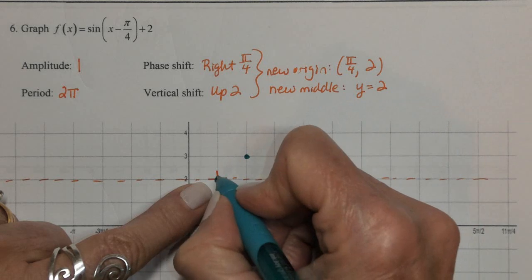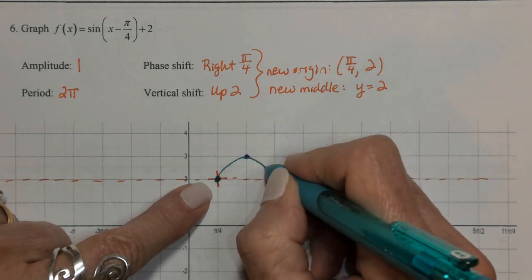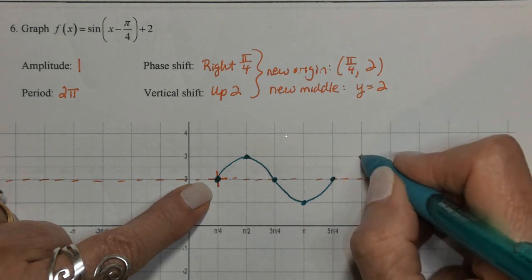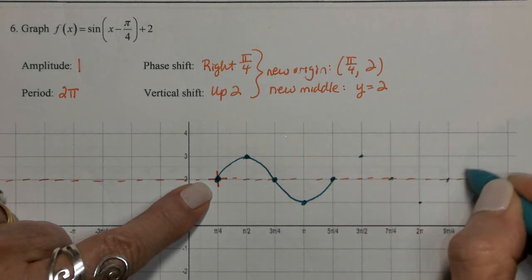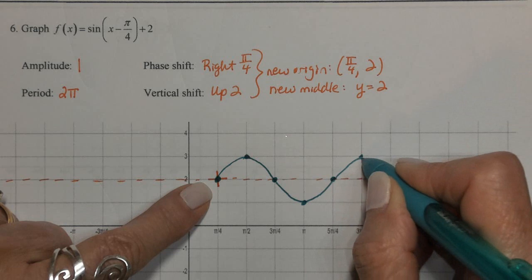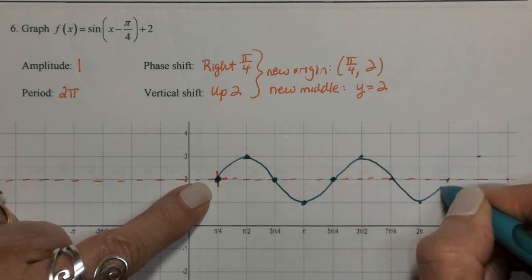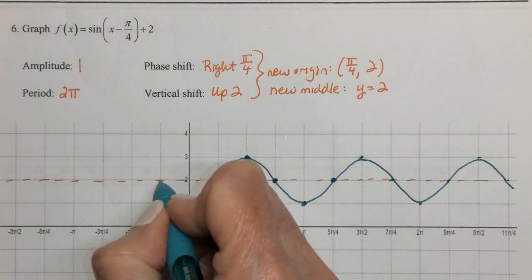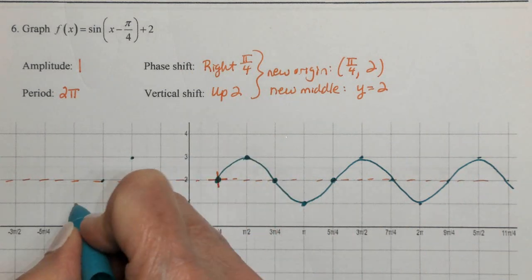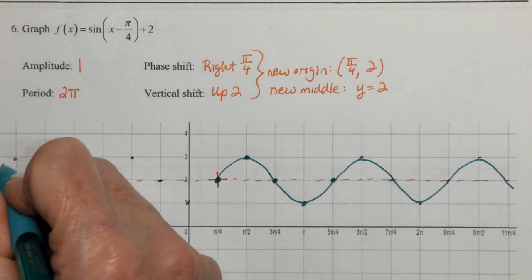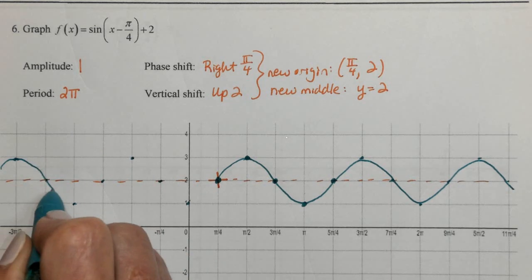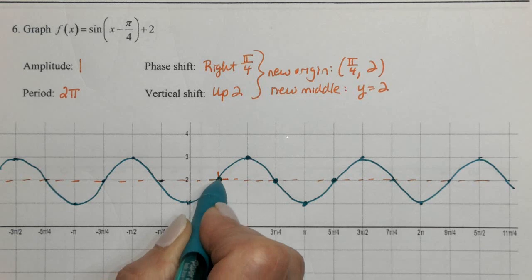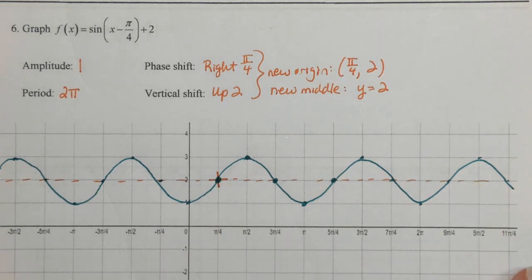Okay? So here's one period of this function. And then once again, we extend it, and we keep on going on the other side as well.